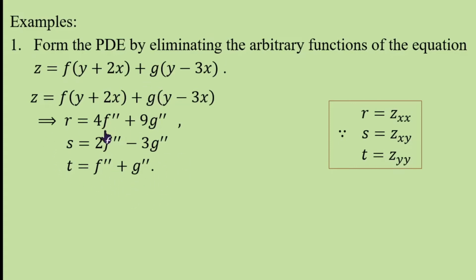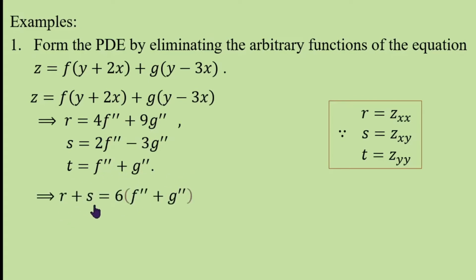Now, how to eliminate f double dash and g double dash using these R, S, T? By observation, see this, when I add R and S, here 4 plus 2, 6 f double dash, 9 g double dash minus 3 g double dash is also 6 g double dash. If I take 6 outside, f double dash plus g double dash is t.